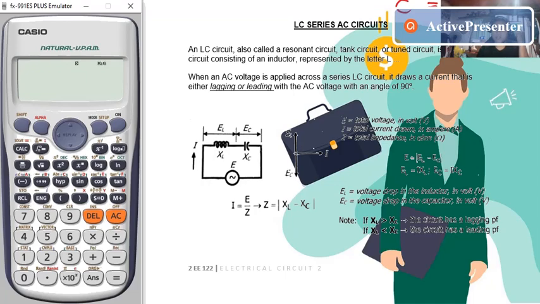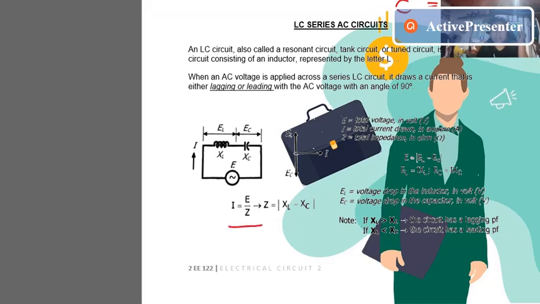So, take note. Same as in our given figure, we have XL, reactance, and XC. We have the same formula where I is equal to E divided by the impedance Z. Where the formula for our Z, or impedance, is equal to the absolute value of XL minus XC.